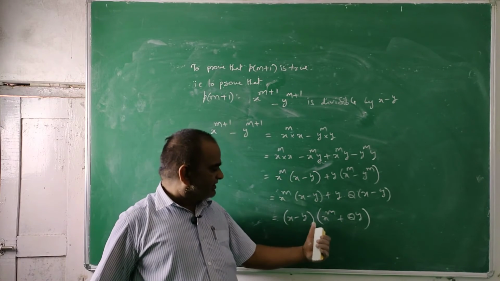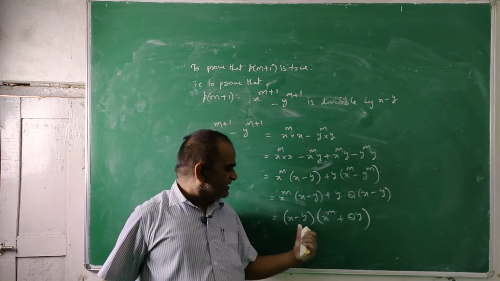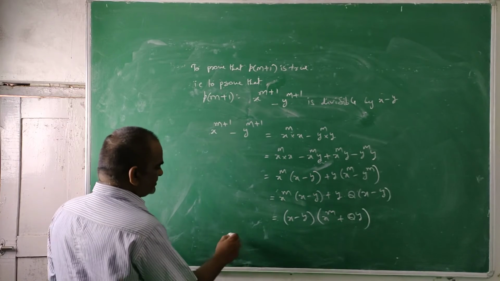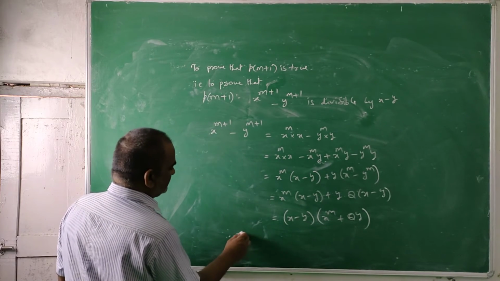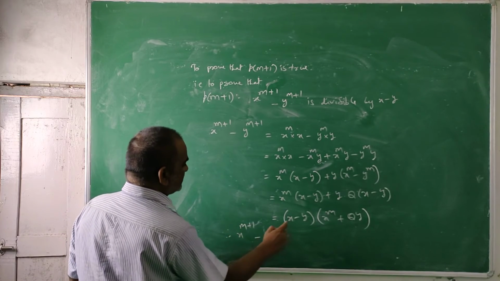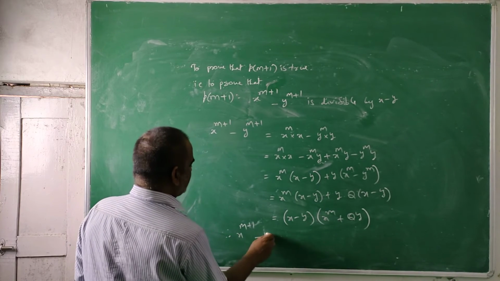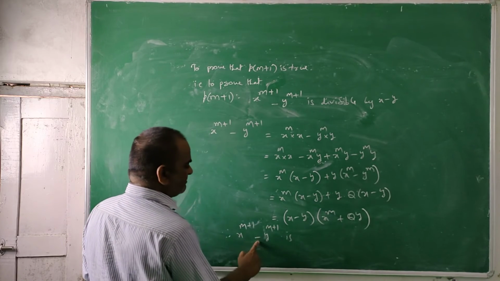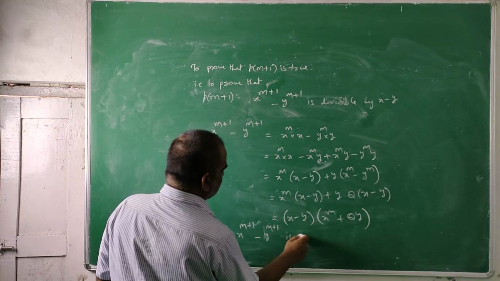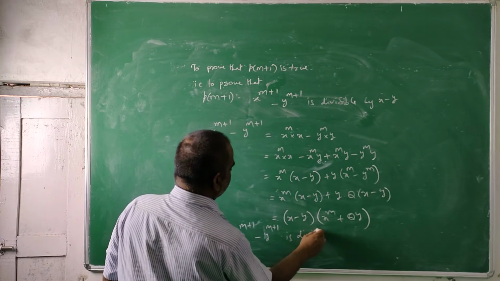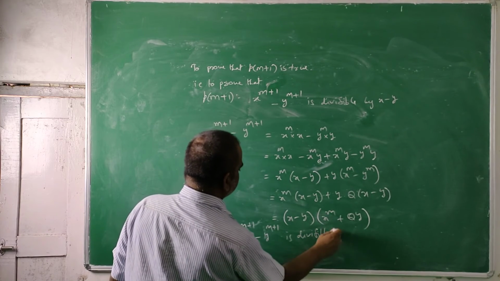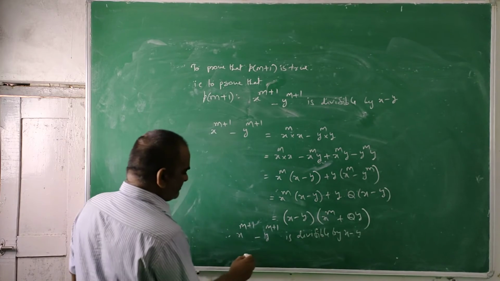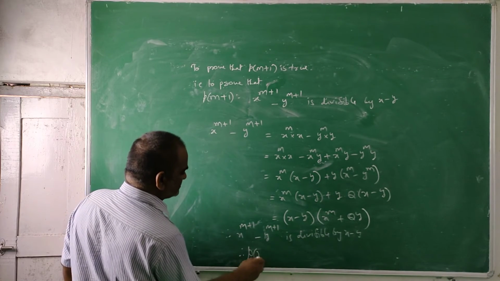So as it is a multiple of x minus y, it is obviously divisible by x minus y. So therefore x power m plus 1 minus y power m plus 1 is clearly divisible by x minus y, because it is a multiple of x minus y. Therefore P of m plus 1 is true.